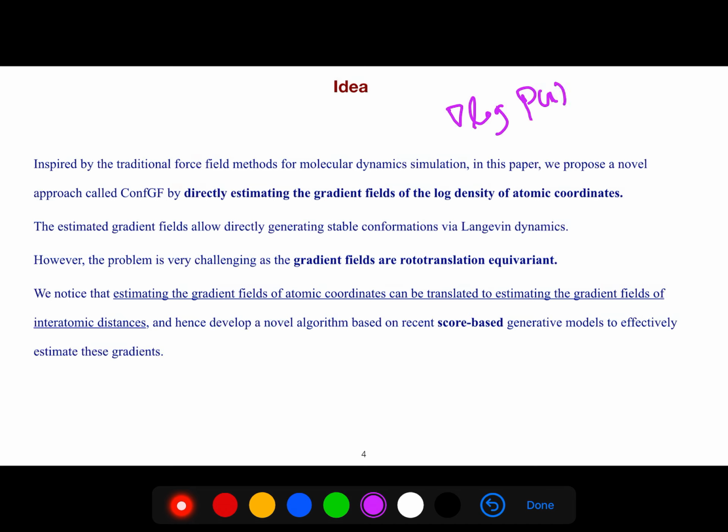The estimated gradient field allows directly generating stable conformations via Langevin dynamics. In score matching, first we learn the score. After learning it, we give it to Langevin dynamics, and it generates samples.